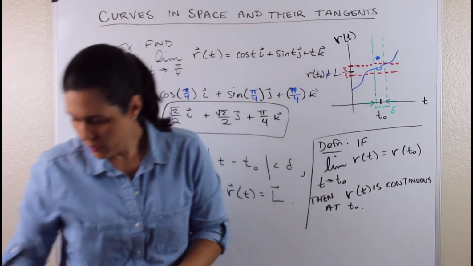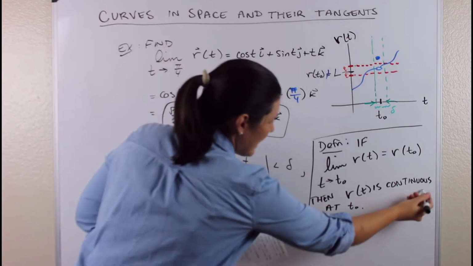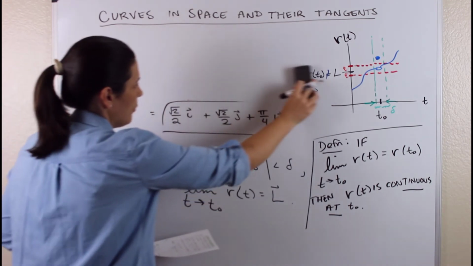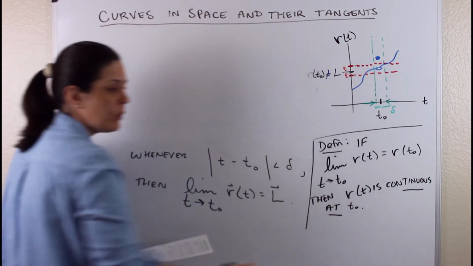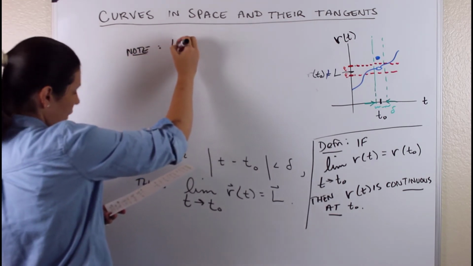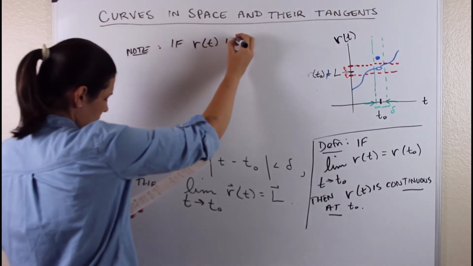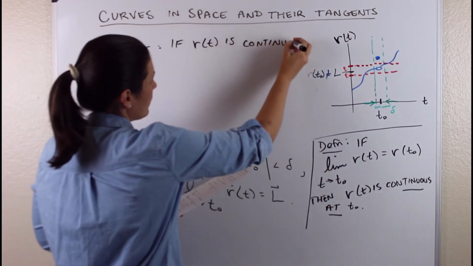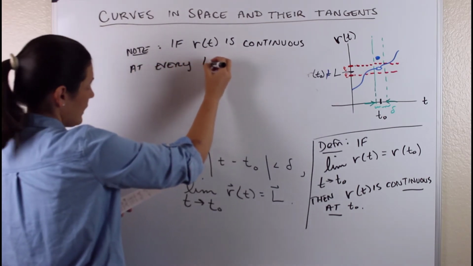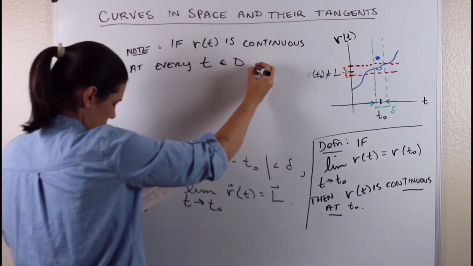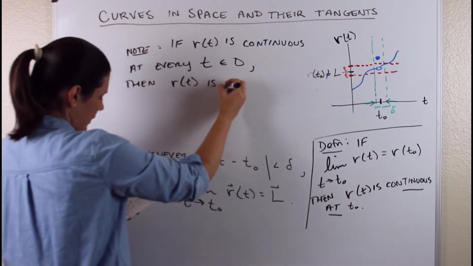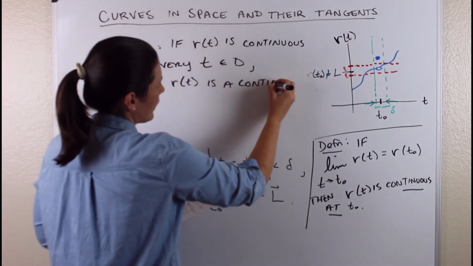Okay, so let me give you a note also. So that's continuous at a point, at t naught. And then if we generalize that, then it's continuous everywhere. So note, if r of t is continuous at every t in the domain D, then r of t is a continuous vector function.